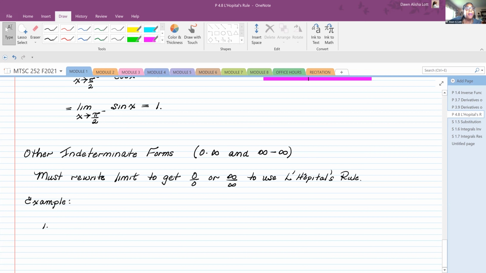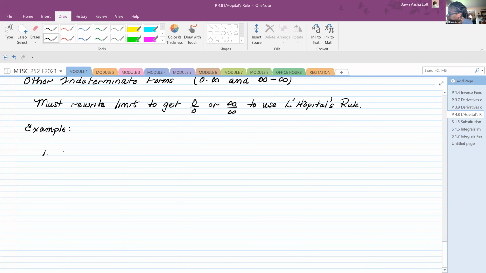So in the first problem, I have the limit as x approaches 0 from the right of x times the cotangent of x. The cotangent of x is the cosine of x over the sine of x. So when I take the limit as x approaches 0, x is going to go to 0, but the cotangent is going to go to infinity.